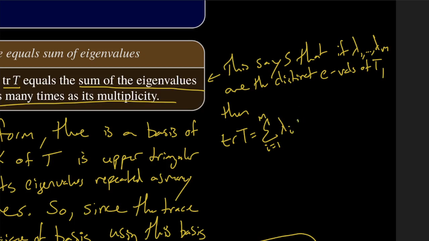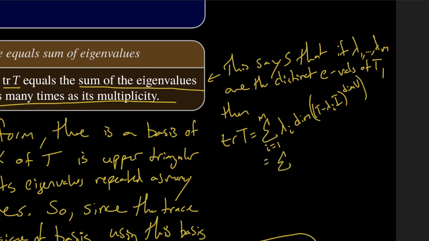Its multiplicity is the dimension of null of (T minus lambda_i times the identity) to the power dim V, which was the dimension of the corresponding generalized eigenspace.